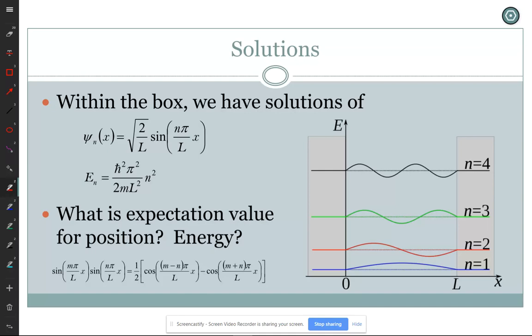So the lowest one is the lowest energy, n equals 1. N equals 2 is going to be 4 times energy 1. So if you look at the spacing, if this is 1, then this is 4 from here to here. And then n equals 3 is 9 times.